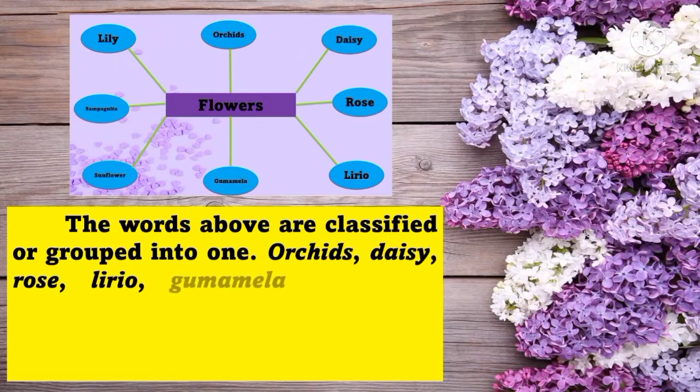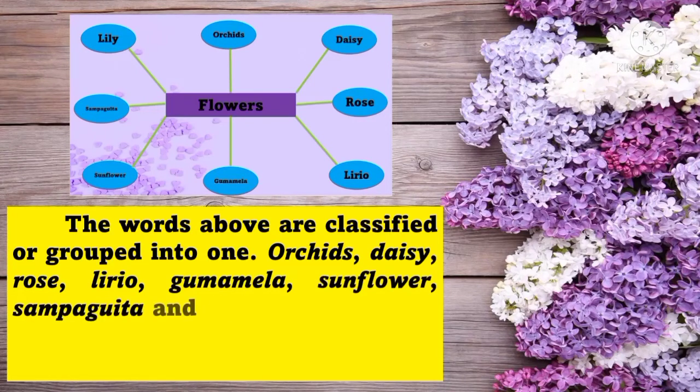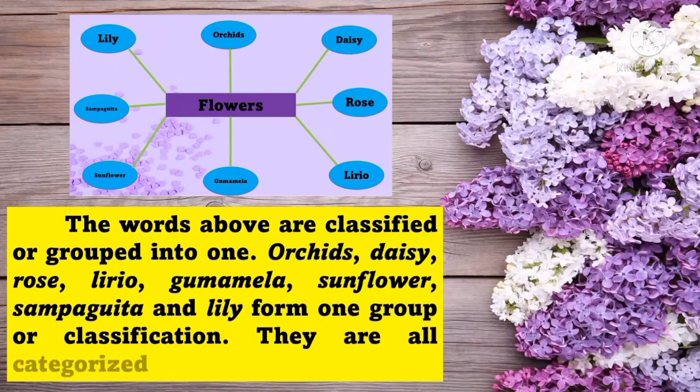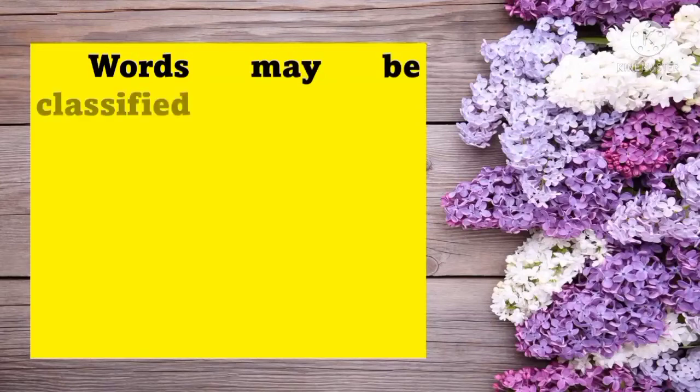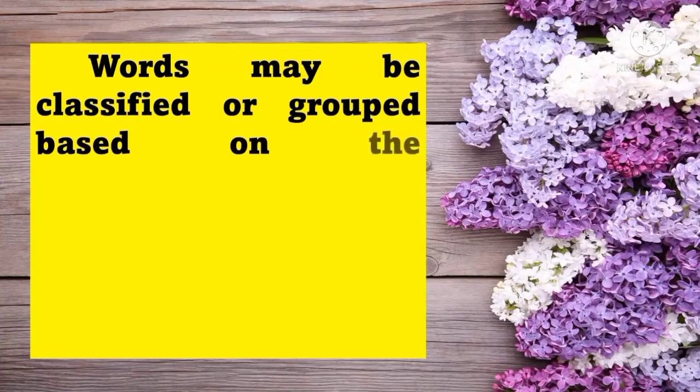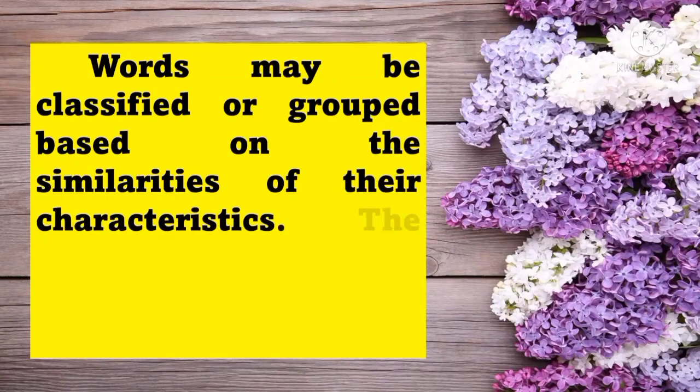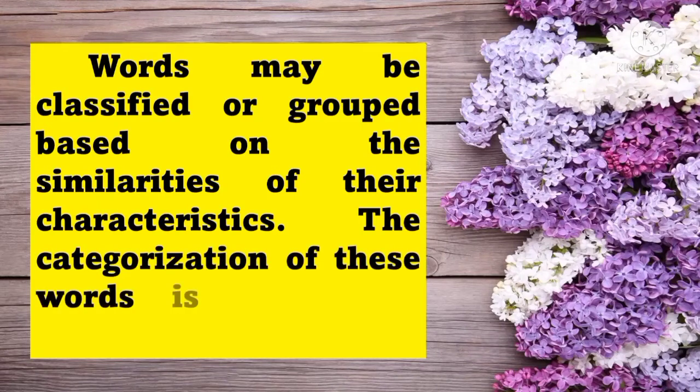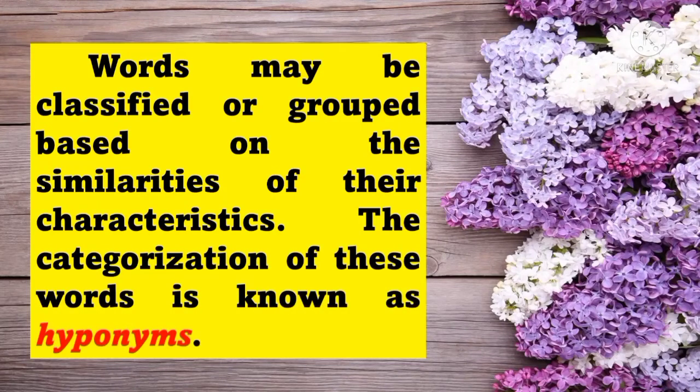Orchids, daisy, rose, lirio, gumamela, sunflower, sampaguita, and lily form one group or classification. They are all categorized as flowers. Words may be classified or grouped based on the similarities of their characteristics. The categorization of these words is known as hyponyms.